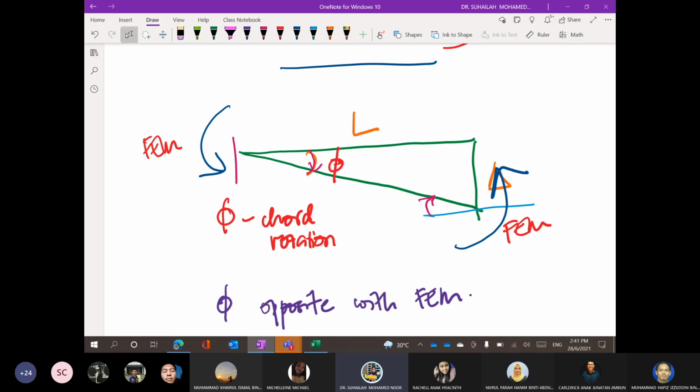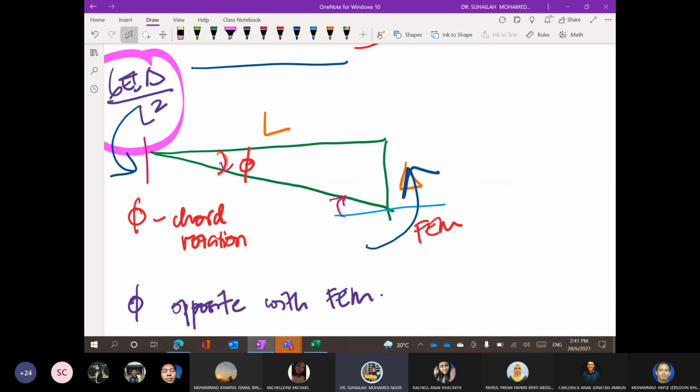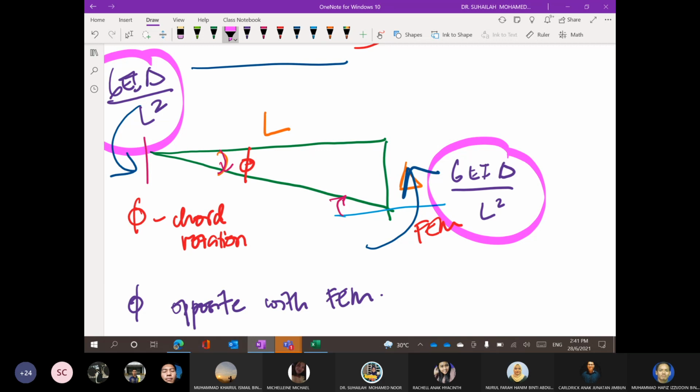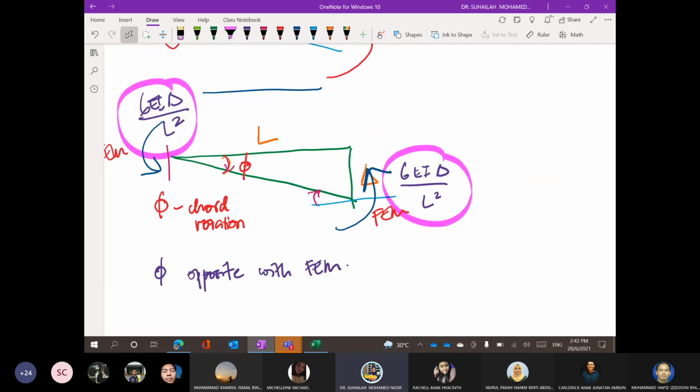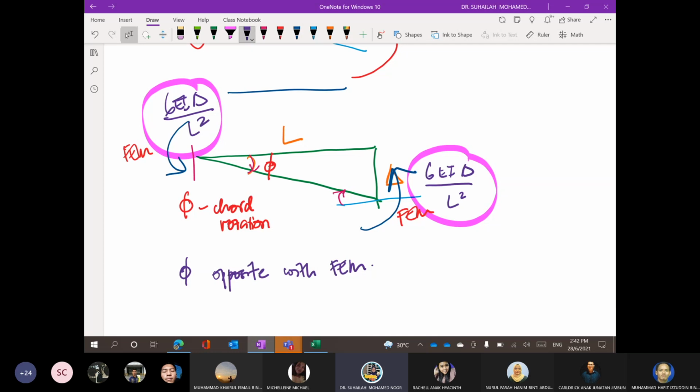So here the moment is 6EIΔ over L squared. This is actually the formula for both.